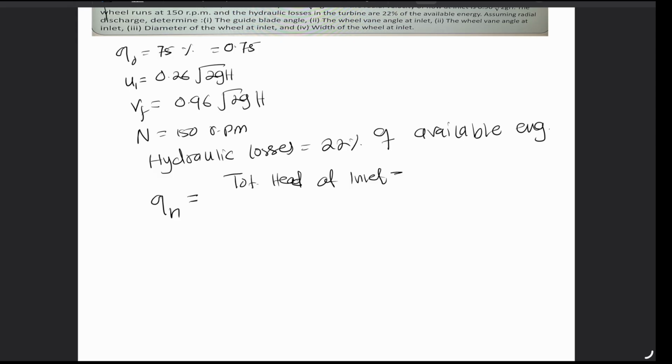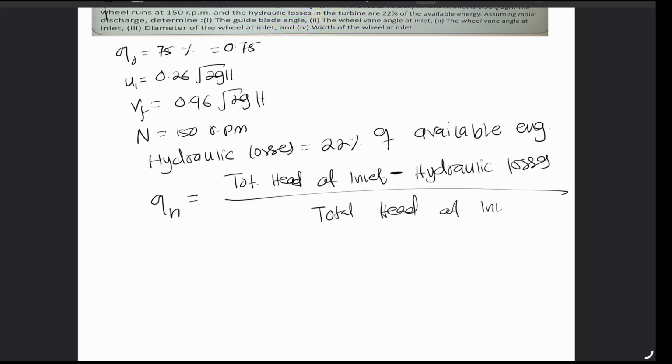Since they have given the hydraulic loss, let's subtract this hydraulic loss from the total head at inlet. Since it is 22%, we can write it as 0.22 of the overall head. So this is the hydraulic efficiency, and from here we will get the value as 0.78.